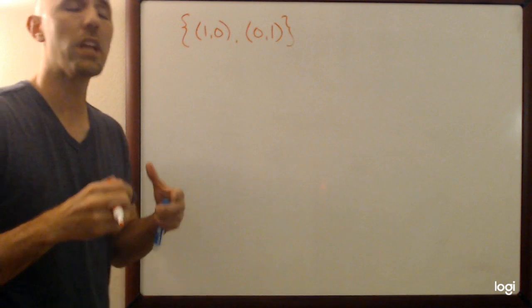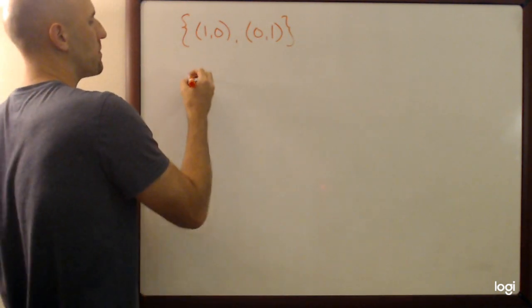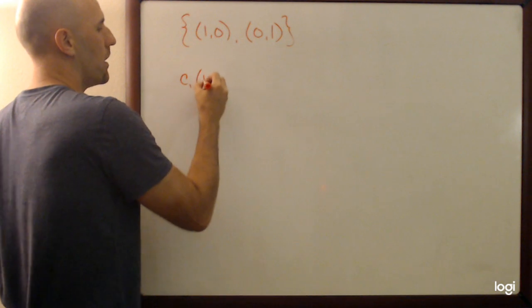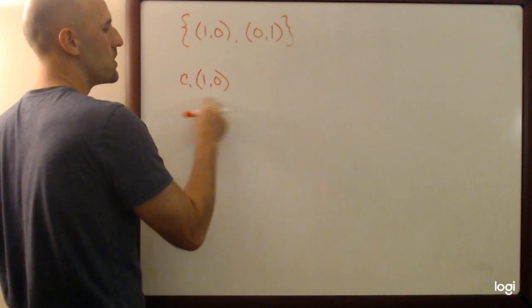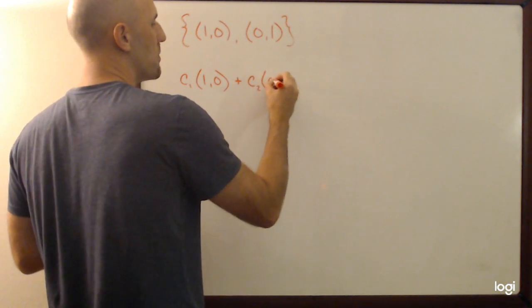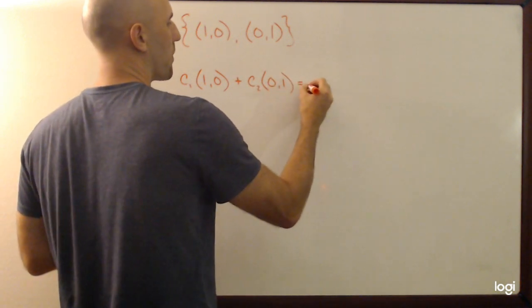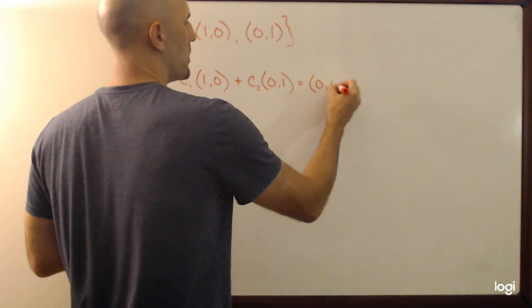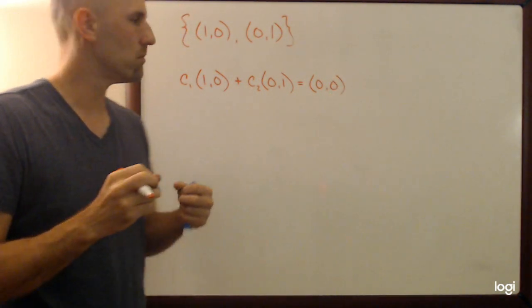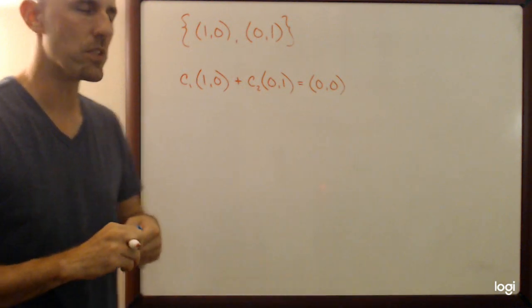Well, let's go to the actual definition. To claim that it's linearly independent is to claim that c1 times my first vector plus c2 times my second vector equals the 0 vector has exactly one solution. c1 and c2 both have to be 0.